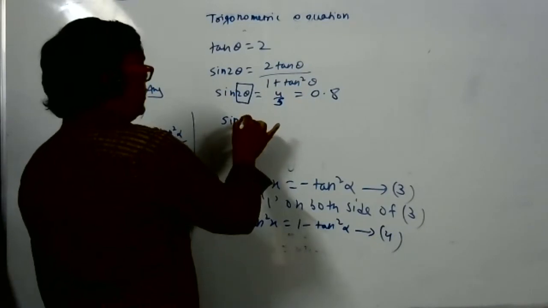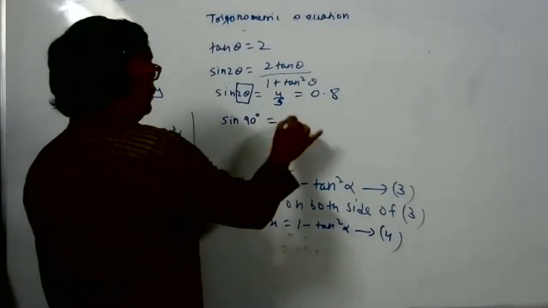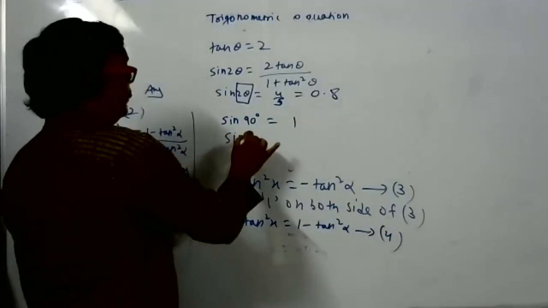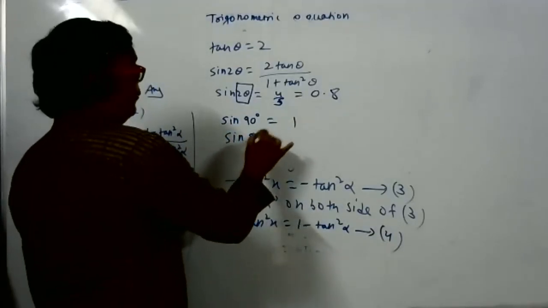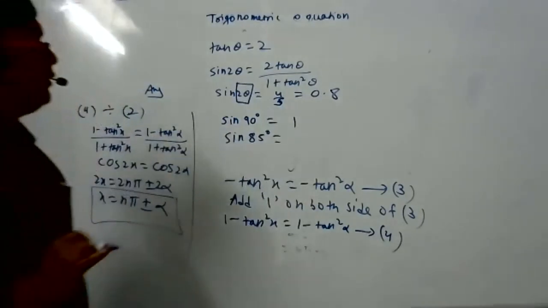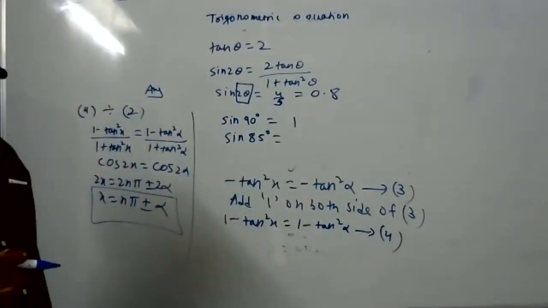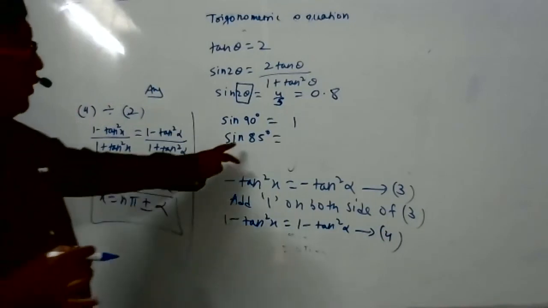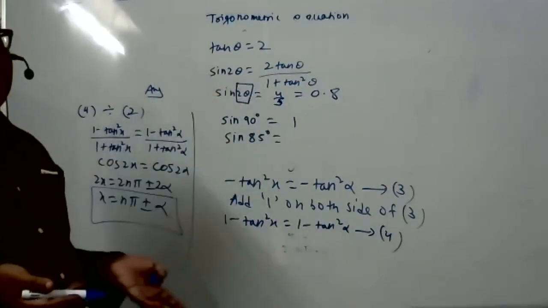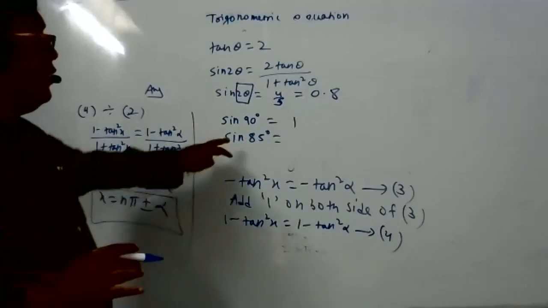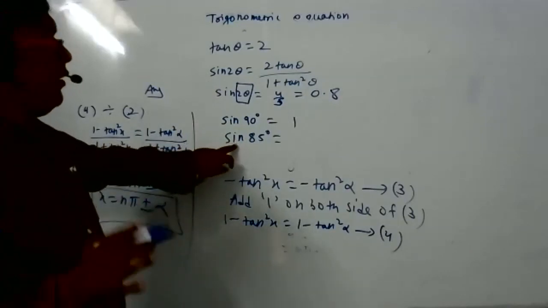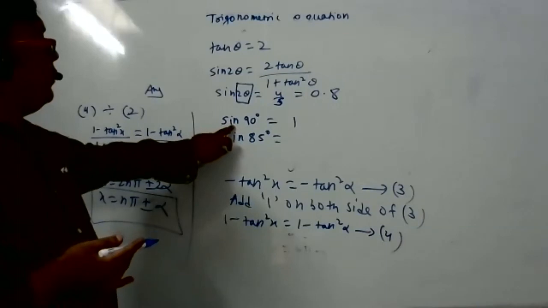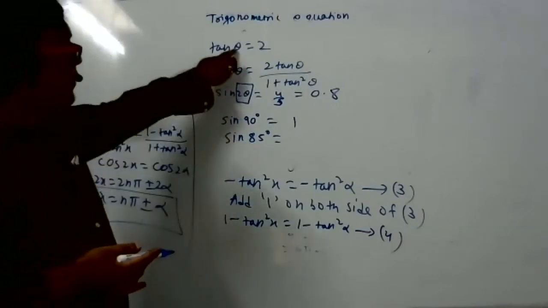Sine 90 is 1. Find sine 80 degrees, find sine 85 degrees. It will come 0.8 only, I think. Do you have a calculator? I'll check it. Everything in maths is correct; we are only wrong actually. But it should be more than 45 now.